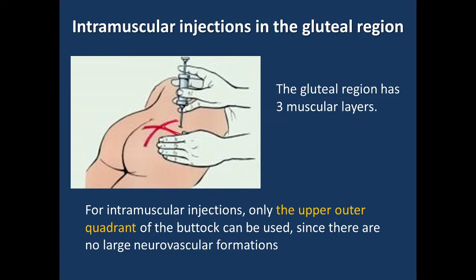The best place for injection is the upper outer quadrant of the dorsal region of the pelvis, because this location doesn't contain large blood vessels and nerves, so it is safe to use this area for injection to avoid injuring nerves and blood vessels.